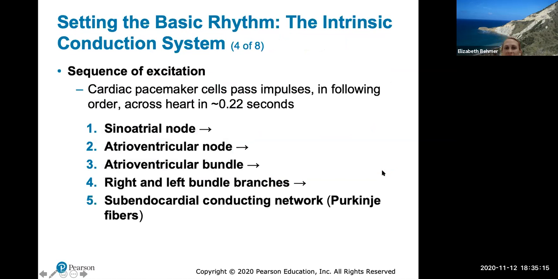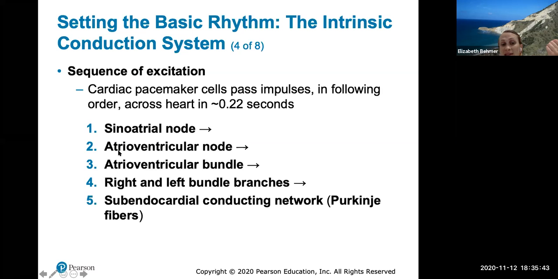The sequence of excitation: we talk about this electrical signaling passing through these nodes and bundle branches throughout the heart. The cardiac pacemaker cells will pass impulses, or electrical signals, in the following order across the heart in about a quarter of a second. So this happens extremely fast. These electrical signals will start in the sinoatrial node, and we'll see where that's located.